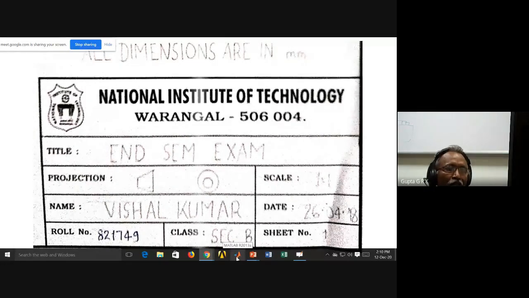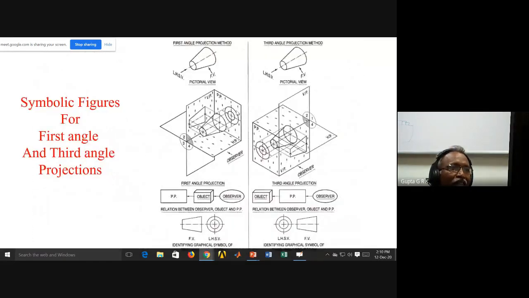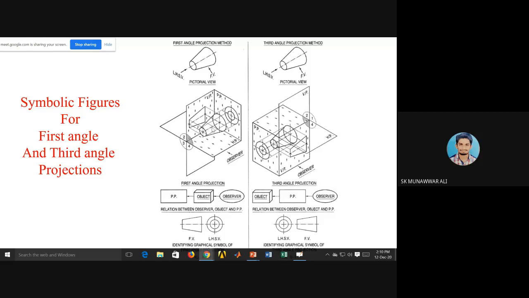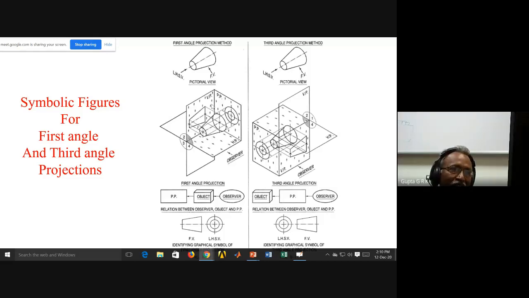Okay, so two views are to be drawn to understand whether it is first angle or third angle. And another thing is, for this, both the top view and front view will be the same. Am I clear? You don't see circles either in the top view or in the front view.